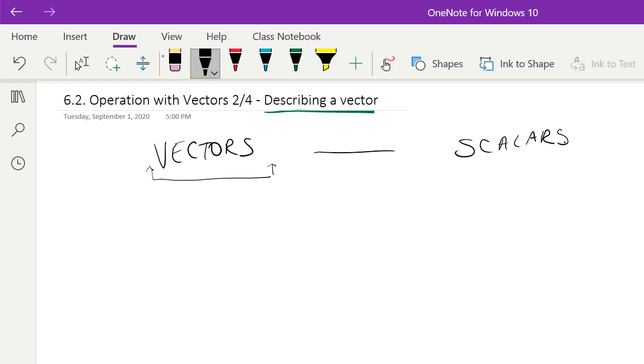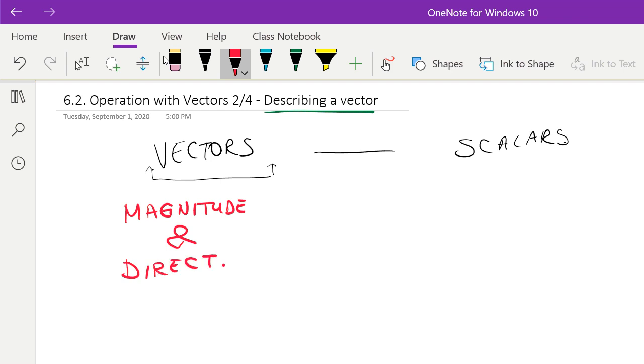So in order to fully describe a vector, you would need the magnitude and direction. And in order to describe a scalar, you will just need the magnitude with units, of course, but the magnitude is the one that you need to define.